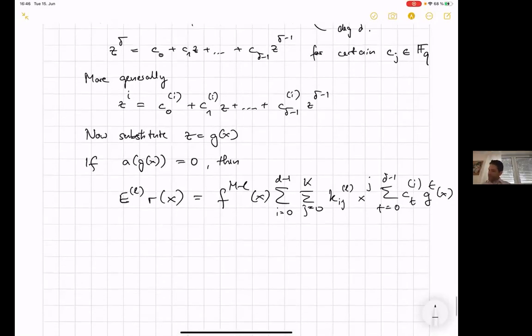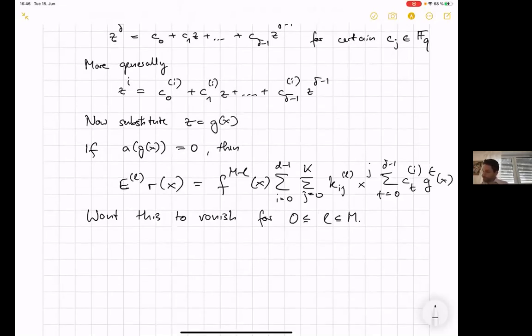All right. And we want this to vanish for L up to m, so for 0 less than L less than m. Let me slightly rewrite this as follows.